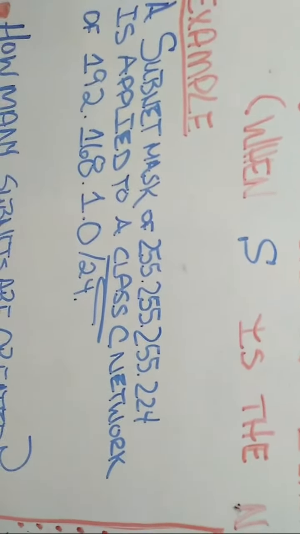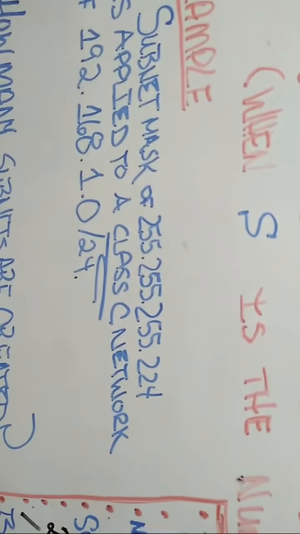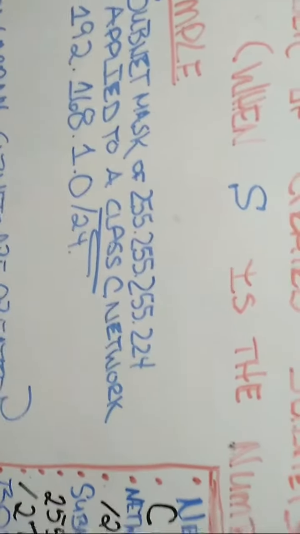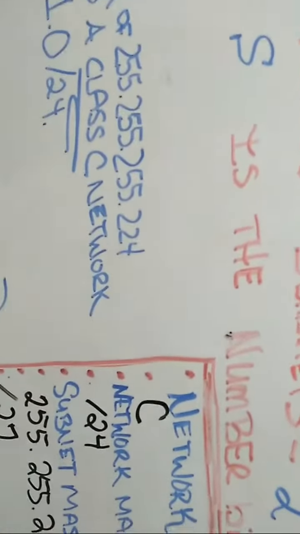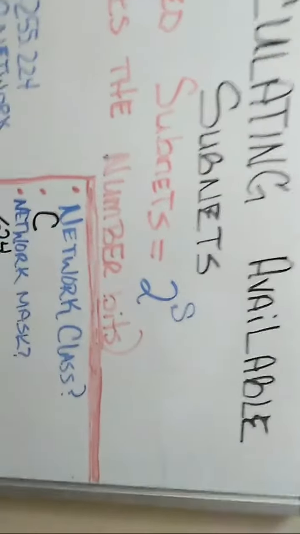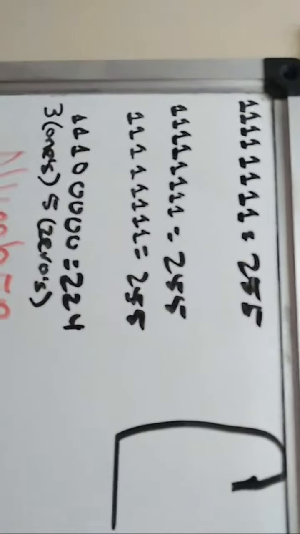Well, we need to figure out how many borrowed bits we have in order to do that. Let's say we got 8 plus 8 plus 8 in the first three octets. And we got 128 plus 64 plus 32, and that's 224.